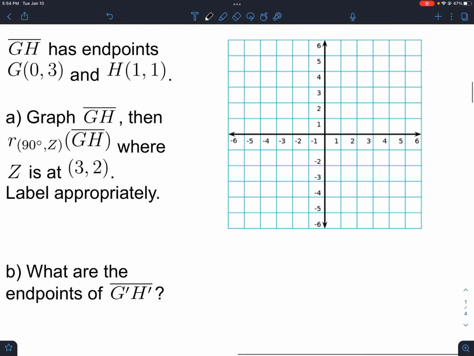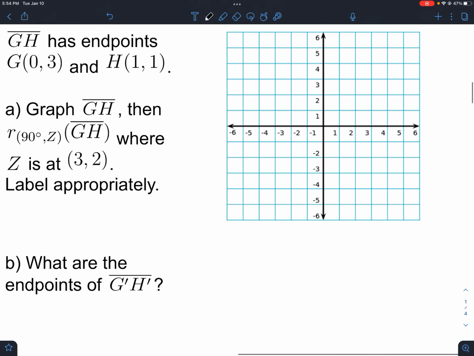And then kind of like a, hey, let's stretch out a little bit further question. Here we got a rotation around a different point. We are rotating around point Z, which is right here. So how do you do it now?